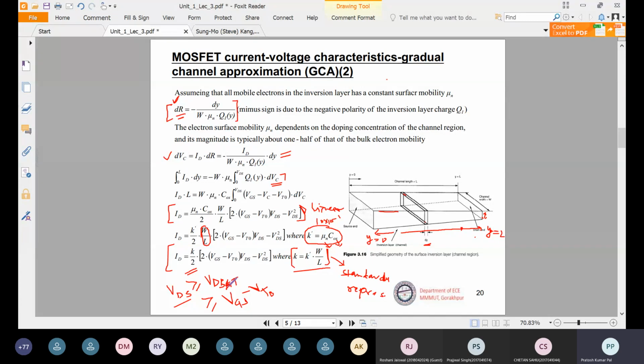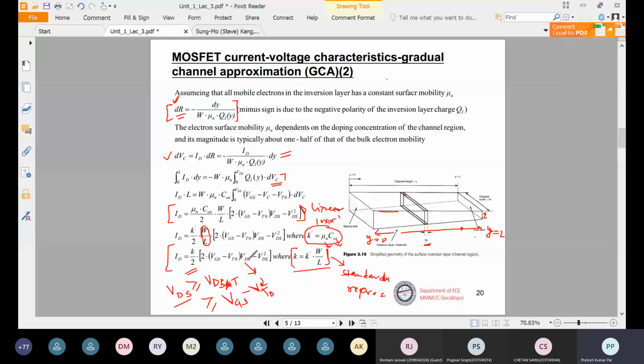That is VGS minus VT. So as the VDS is being increased beyond VD sat, then also the drain to source voltage value will be equal to VGS minus VT. That's why we will be putting this VDS value as VD sat, the VGS minus VT value. तो इस एक्सप्रेशन में हम क्या करेंगे, जहाँ पे भी VDS लिखा हुआ है वहाँ पे हम VGS minus VT की वैल्यू पुट कर देंगे. ठीक है.